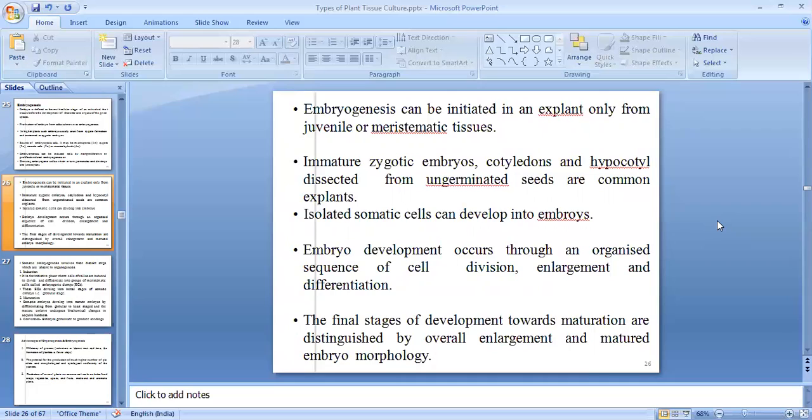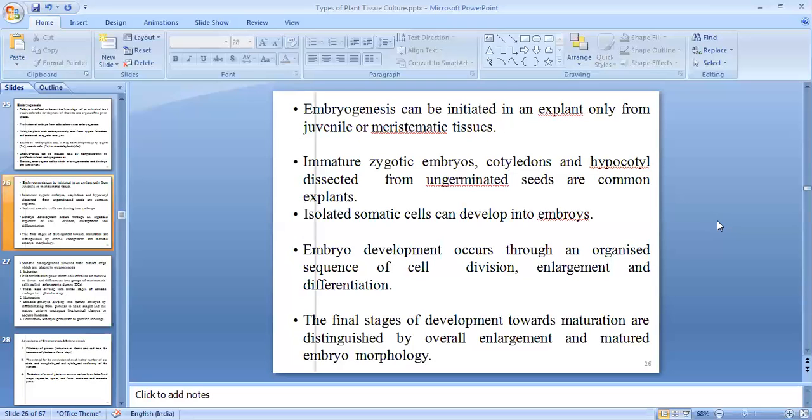Examples of explants may be immature zygotic embryos, sometimes the cotyledons, which are present in the seed embryo, or the hypocotyls, which are dissected from the ungerminated seeds.